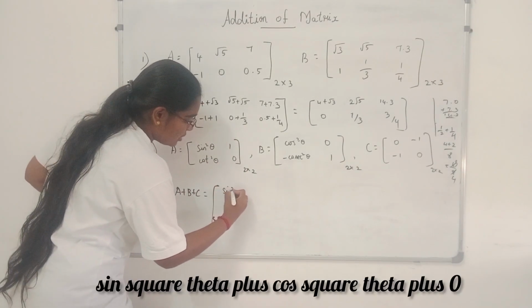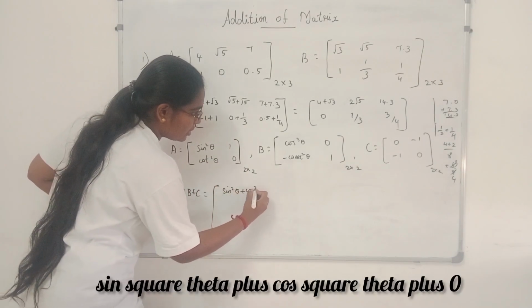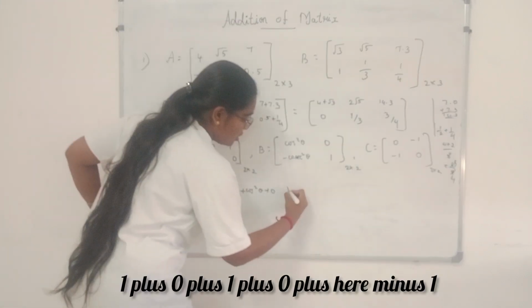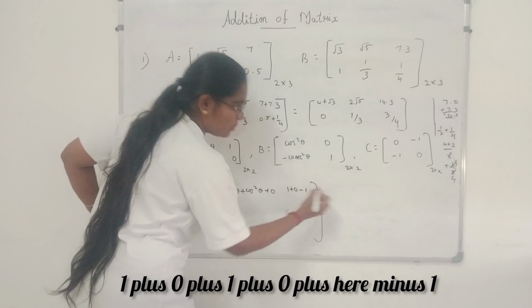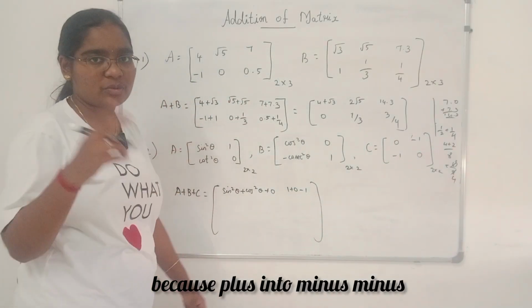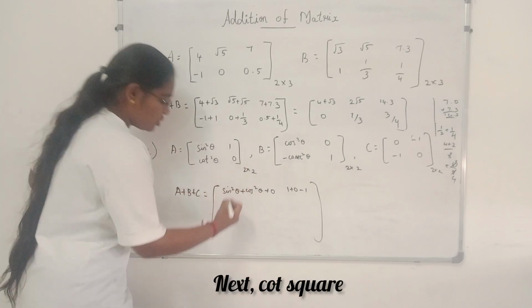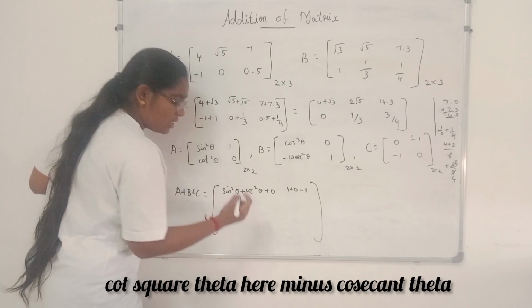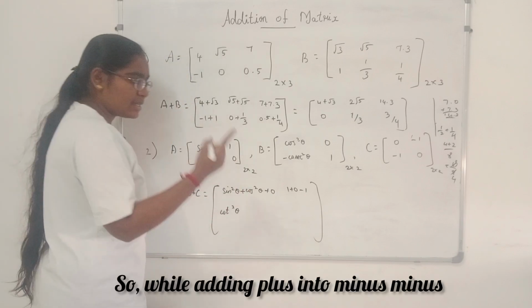So, sin square theta plus cos square theta plus 0, 1 plus 0 plus 1 plus 0 plus, here minus 1. So, here you will get minus 1 because plus into minus is minus. Next, cot square theta. Cot square theta, here minus cosecant square theta. So, while adding, plus into minus, minus.